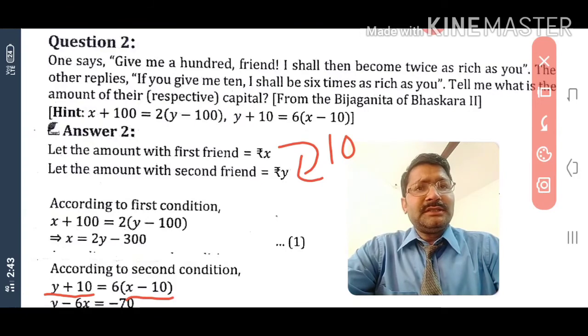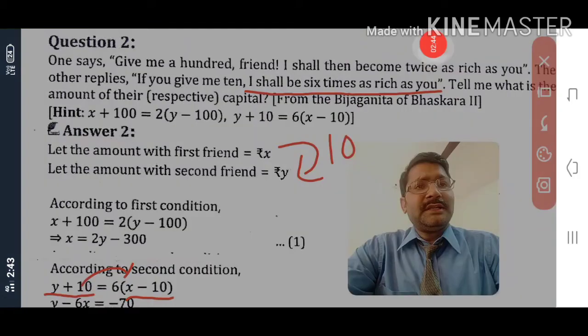Then the condition is I shall be 6 times as rich as you. Means y plus 10 is 6 times x minus 10, you open this bracket to get 6x minus 60, and you transfer this 10, you get y minus 6x equal to 70.